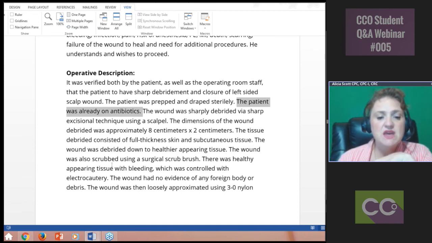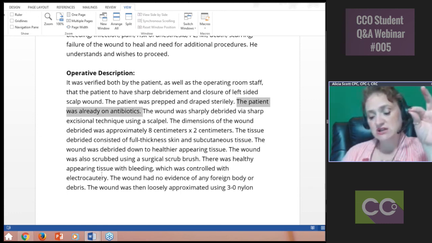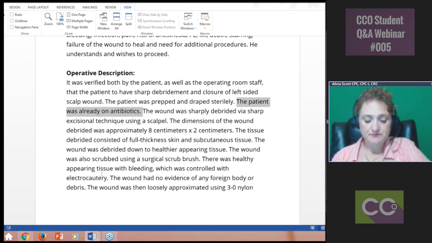So they also scrubbed the area, made sure that there was no debris in there, and they looked for healthy and bleeding tissue. If it bled too much, they cauterize it. They've got this little zapper, let's pull this little pin out here.